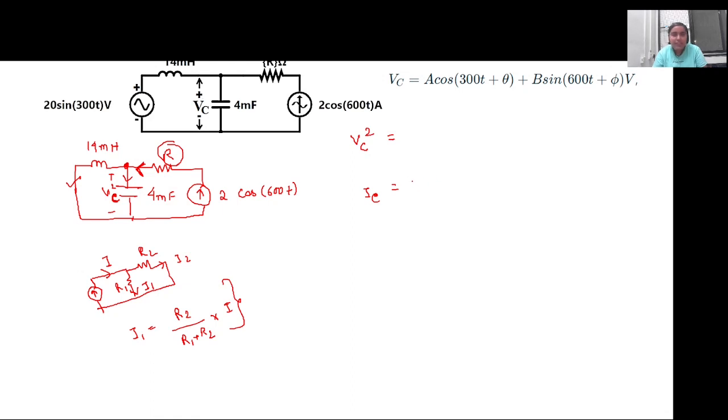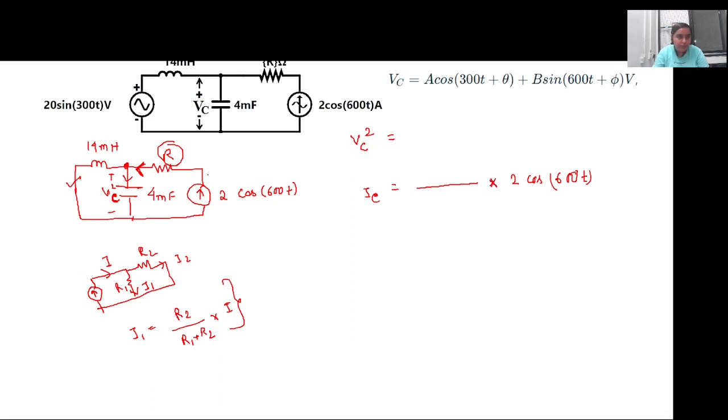Just tell me IC in terms of the capacitive and inductive reactances. This is the total current that is flowing, right?